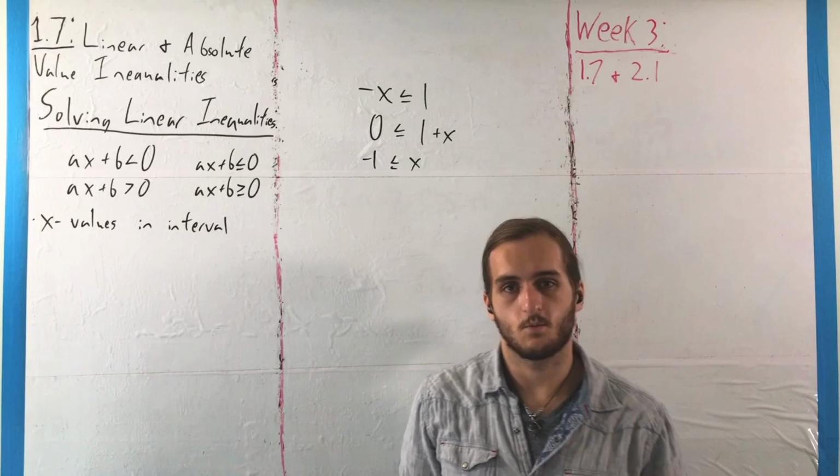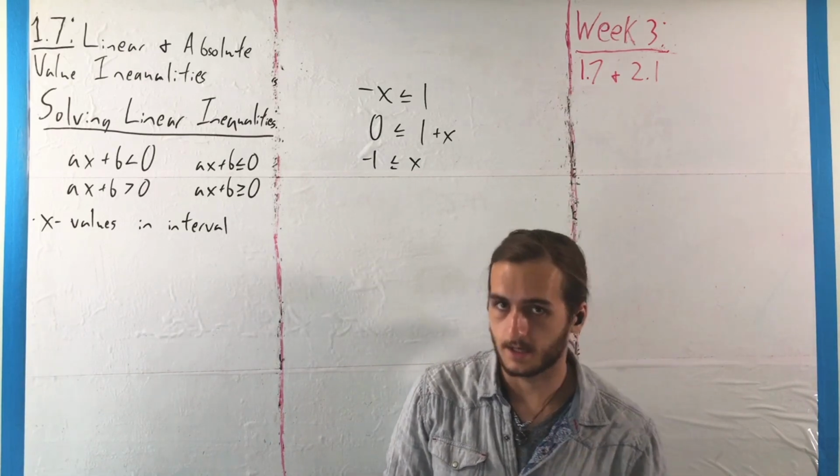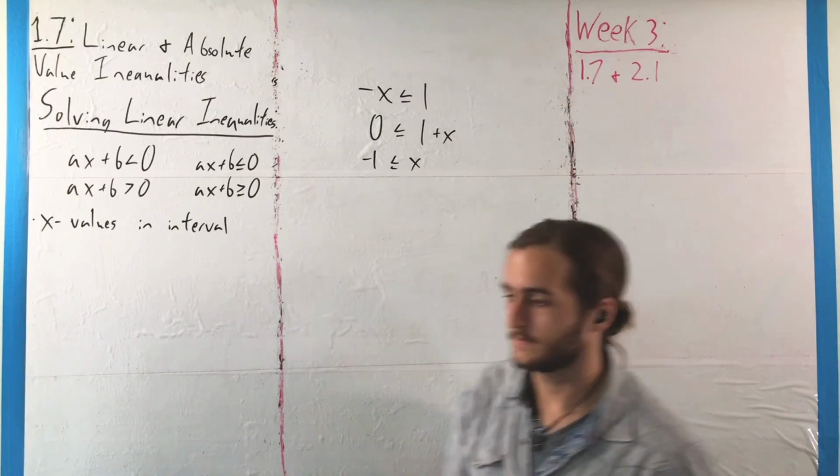But anyway, let's get one more complete example here to understand what we can do and how we can find our solutions for linear inequalities. So for our first example, we want to solve and graph the solution to 2 minus 3x is less than or equal to 5.